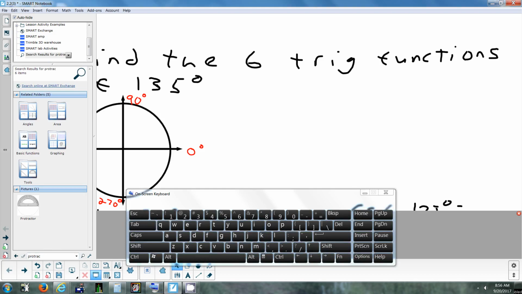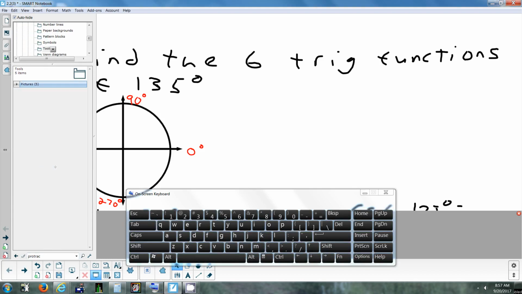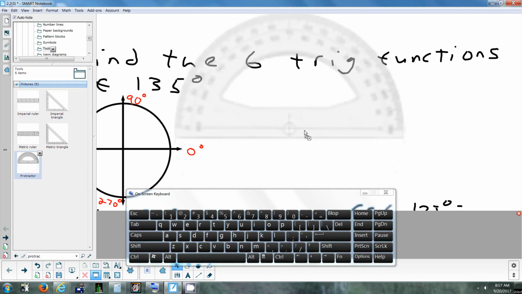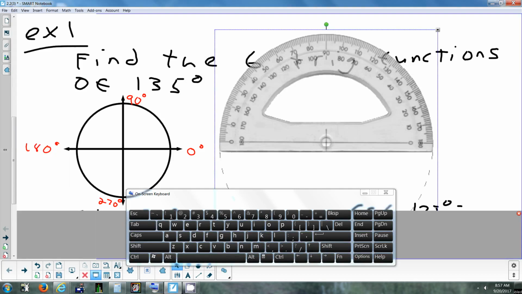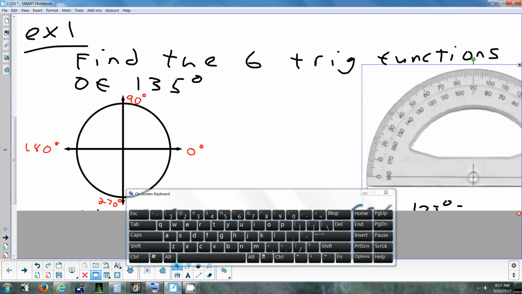Well, that's a picture of a protractor, but I'm not sure I can actually use it to do anything. I guess the protractor is not going to come up. Let's see if I can actually draw anything with that. No, that's just a picture.